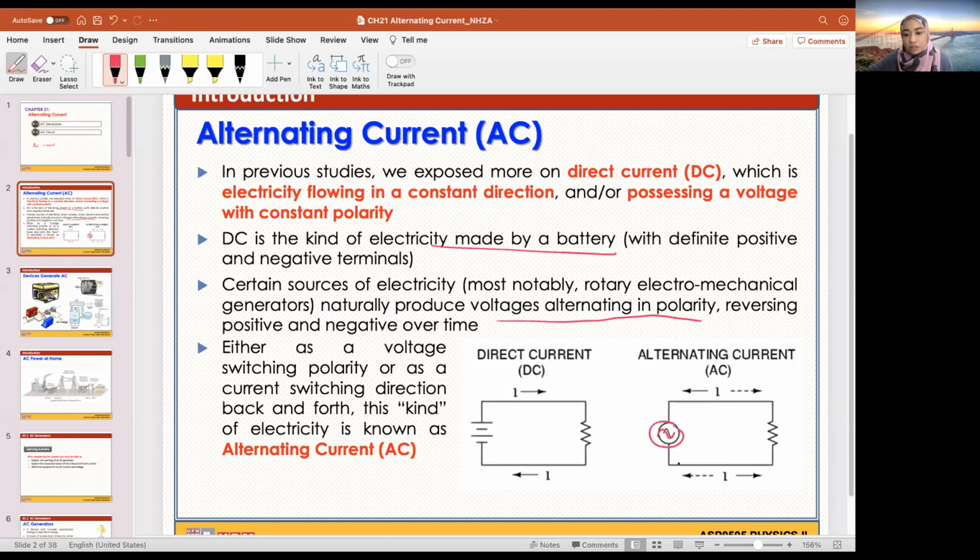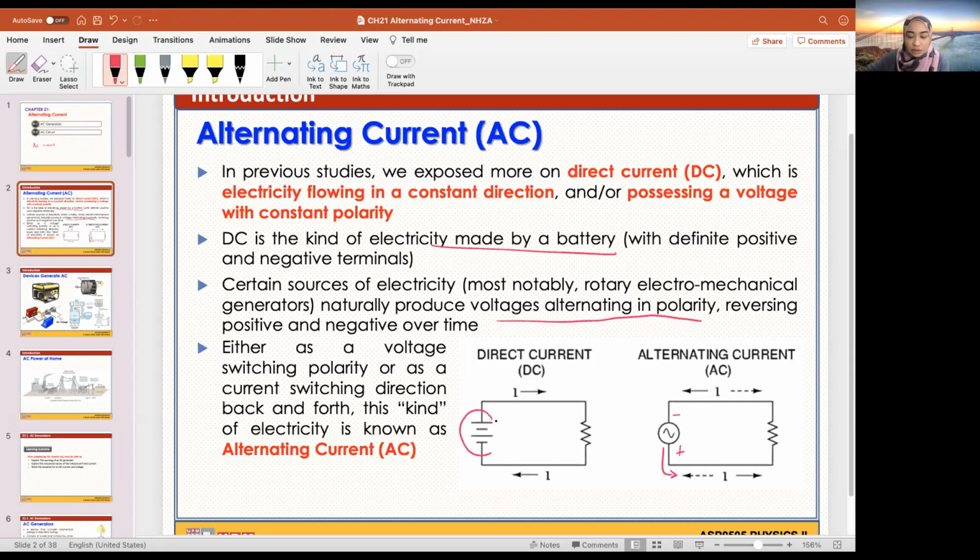This is the symbol, and my current can flow from here if I set it to be positive here and negative here, or I can just flip a switch and change my polarity to be positive here, negative here, and my current will flow from here. So for an AC current, the direction of current can change, and we can control it. Okay, so that's the difference from a DC battery.